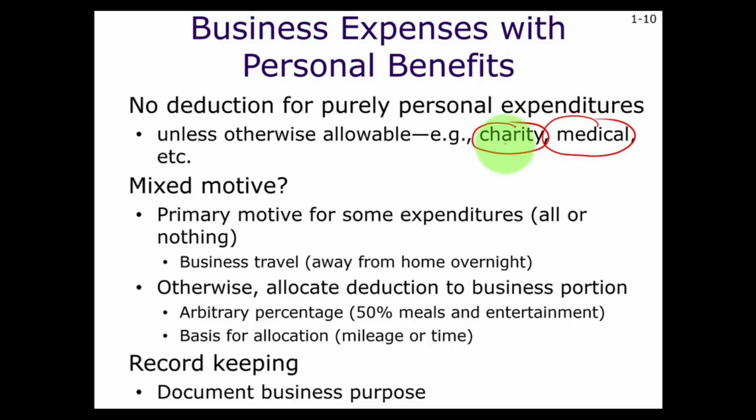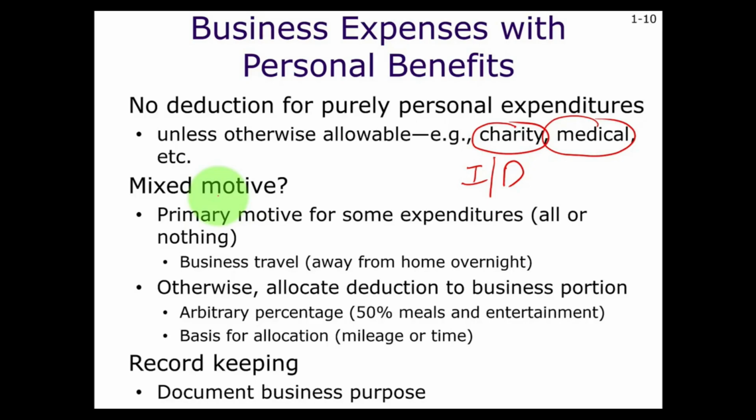Most times that type of cost for other businesses passes through to the owners and is deducted as what they call an itemized deduction versus a business deduction. Medical costs generally are an itemized deduction, personal in nature. If you have costs that have both personal and business, then we may have to do an allocation.